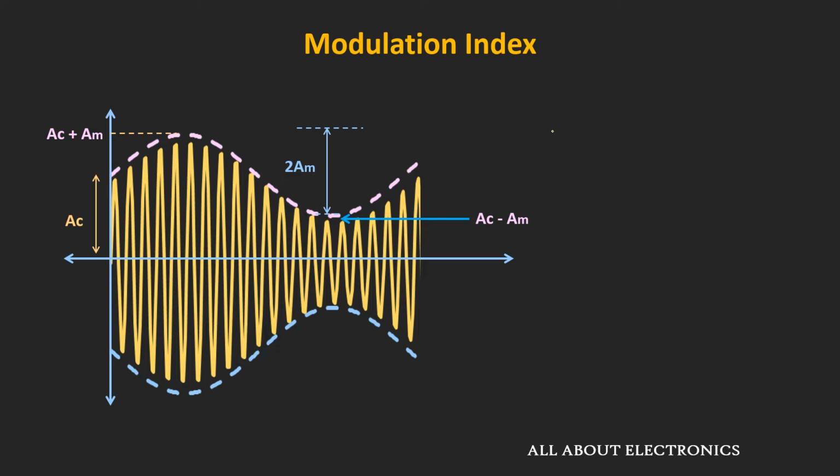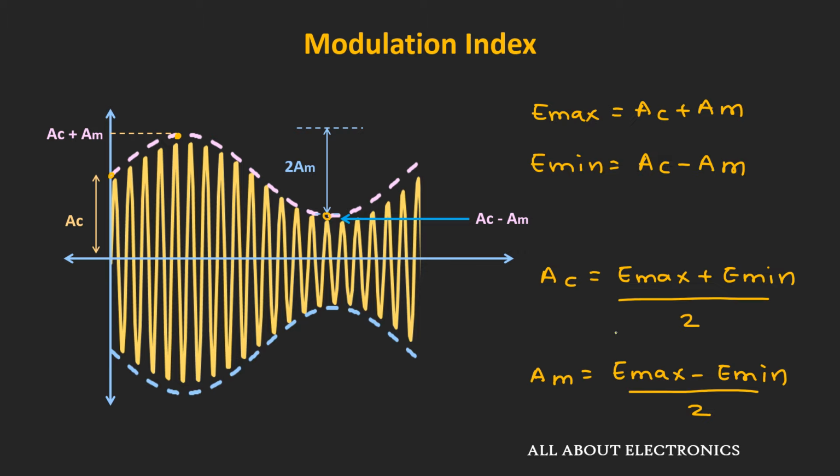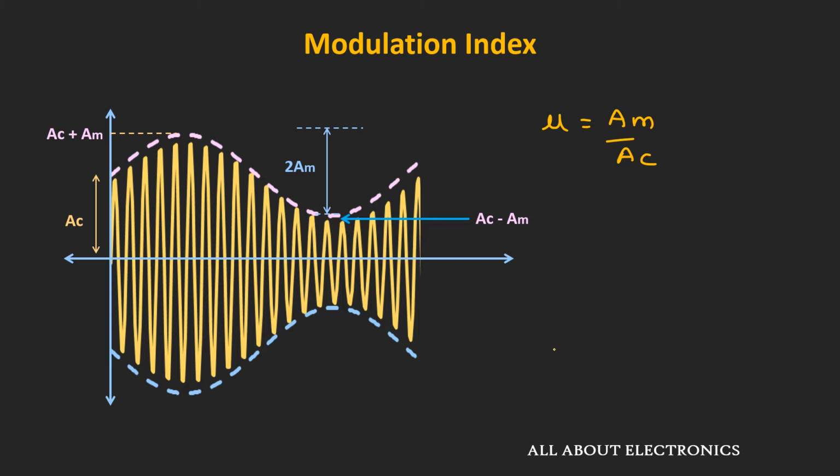Now we know that this modulation index can be given as AM divided by AC. So from these two expressions we can say that this modulation index is equal to E maximum minus E minimum divided by E maximum plus E minimum. So that is a generalized expression for the modulation index.